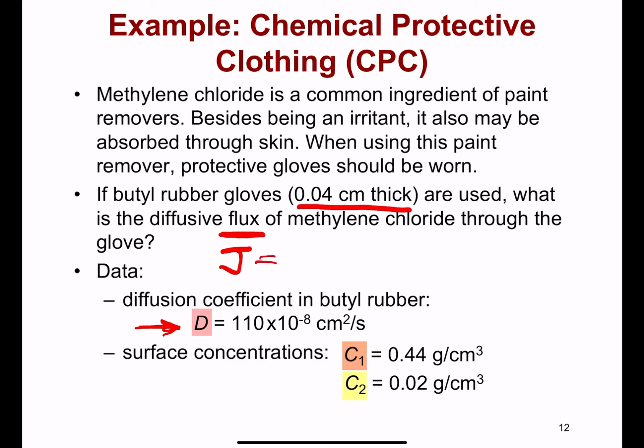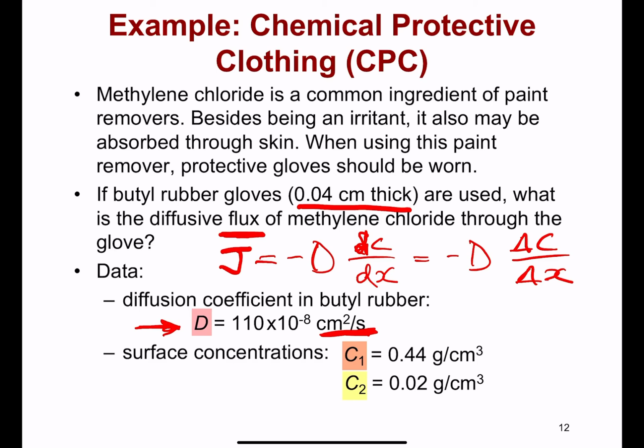Okay, so we recall J is minus D dC by dx. And if it's linear, it's going to be minus D delta C by delta X. So hopefully you're recognizing that we've been given a diffusion constant. It's in the right unit, centimeters squared per second. So we're good there.